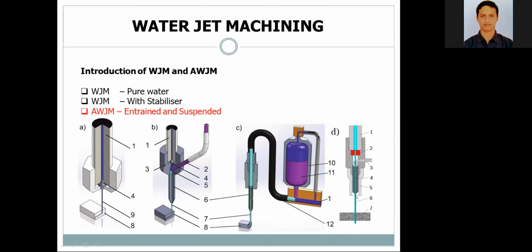When the abrasive mixes with the water jet, it also comes through the nozzle and cuts the metals. The velocity of the water when it passes the orifice will be around 1000 meters per second, and the exact velocity of the water jet can be obtained by Bernoulli's equation.